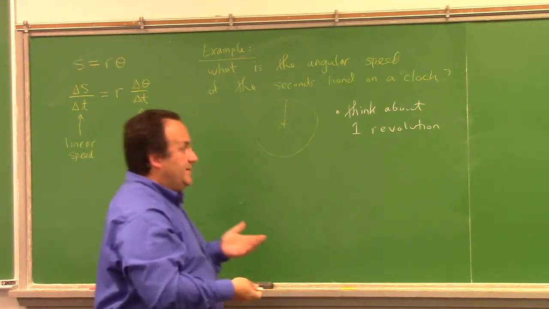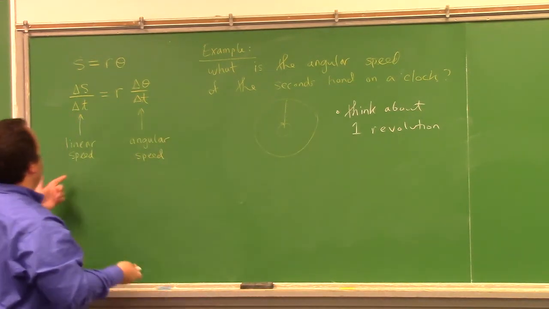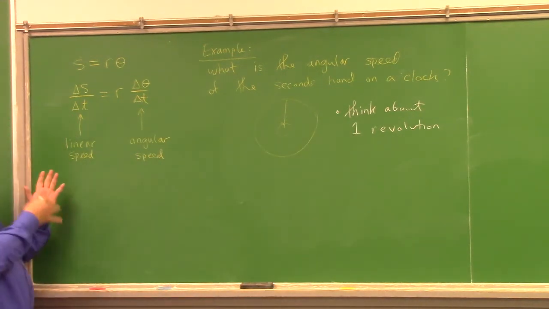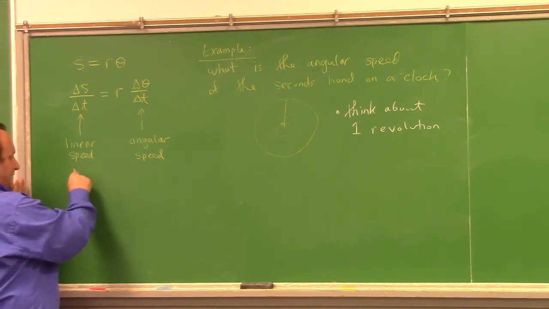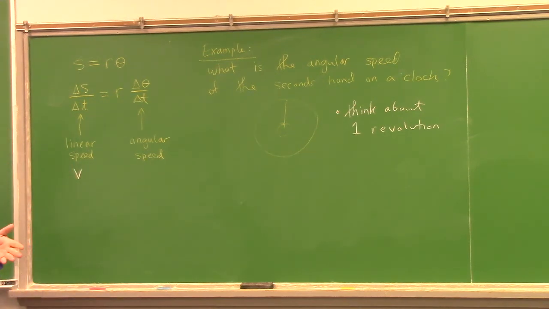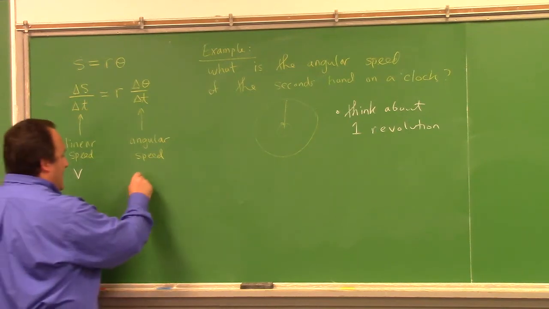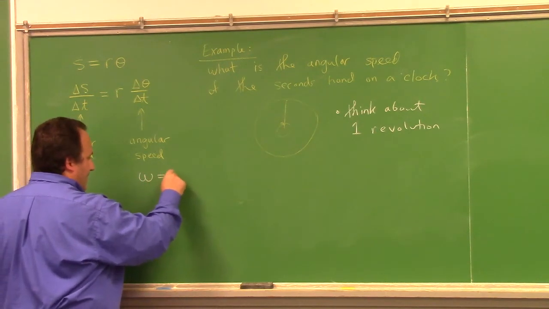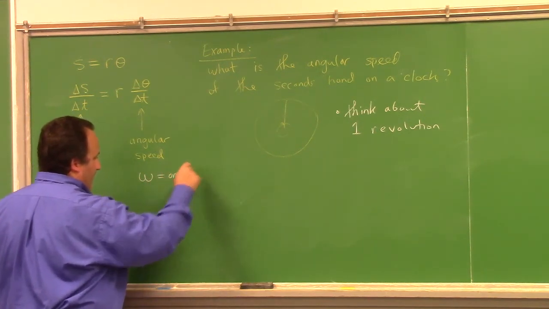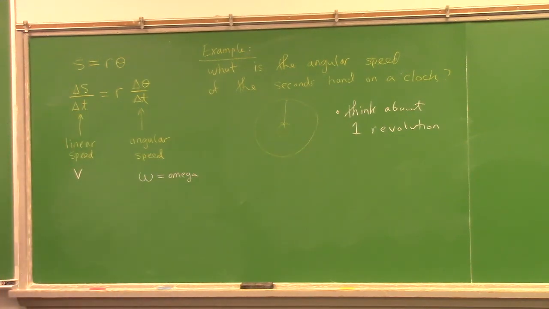By the way, the symbol we use for linear speed is v. The symbol we use for angular speed is this omega. One of the things I should be doing in here is teaching you some Greek. We've already been using theta, that's a Greek letter, which is kind of like Greek for t, which is why your book is using t.